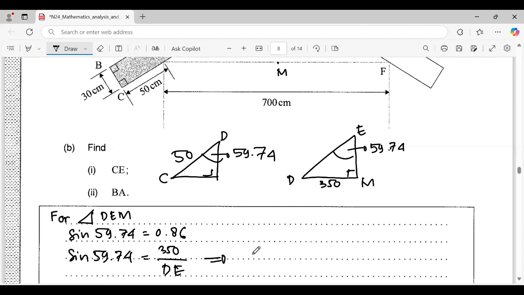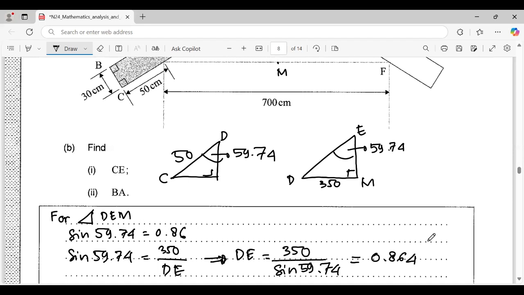Or DE equals 350 over sine 59.74. And if you calculate, sine is 0.864.